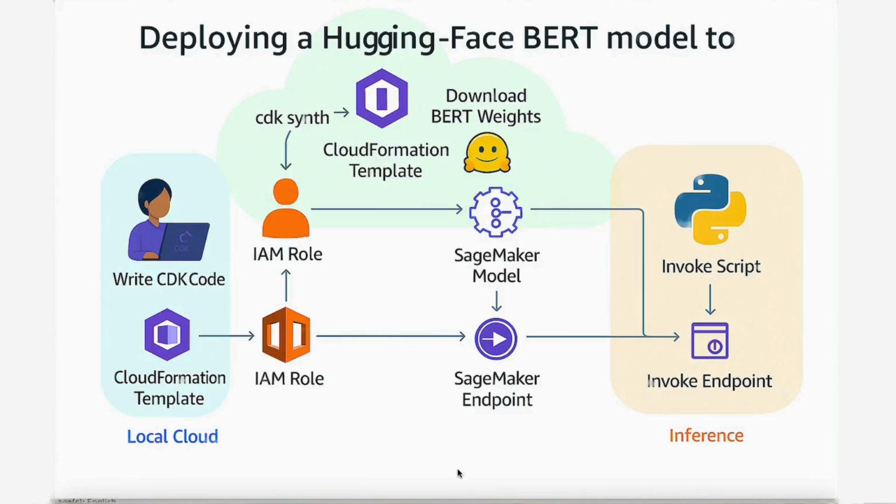The endpoint responds instantly with a prediction, something like a label which says whether it's a positive or a negative sentiment, with a score of, for example, 0.something, whatever the confidence score is. So this completes the end-to-end pipeline from writing CDK code locally to getting a real-time NLP prediction in AWS.